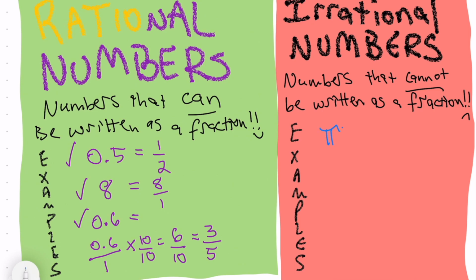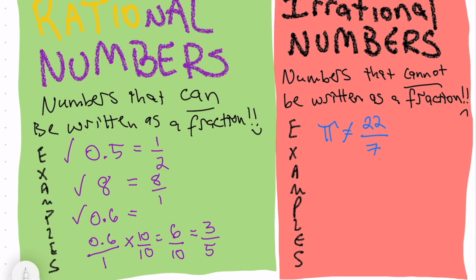For example, pi is an irrational number. You might be thinking, but wait a second, 22 divided by 7 is 3.14 and on a little bit, but it's not exactly accurate to pi. And we cannot write pi as a fraction, so pi is an irrational number. In our second example, we have the square root of 2, which we also cannot write as a fraction, so the square root of 2 is also an irrational number.